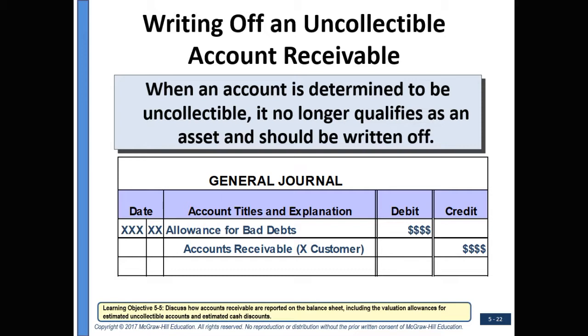So we debit our allowance for bad debts and credit the accounts receivable X customer specifically to bring that defaulting customer's account to zero and written off. It no longer has value to the organization at that point.